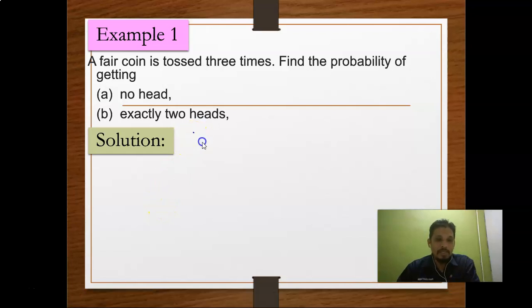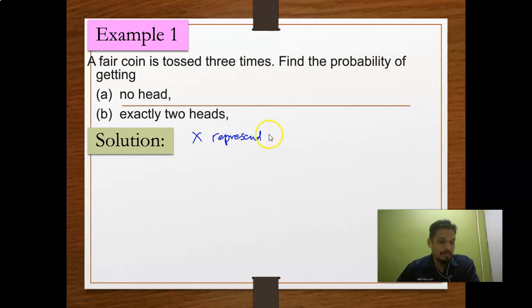Let X represent the number of heads obtained. Then X is binomially distributed with n number of trials.